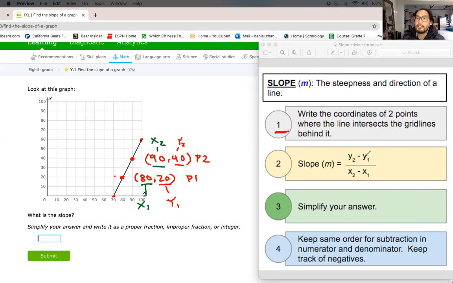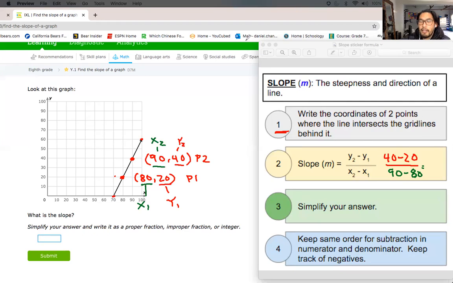I'm going to subtract y1 from y2, and I'll write this over here. So my vertical change is 40 minus 20. And my horizontal change is x2, 90 minus 80.